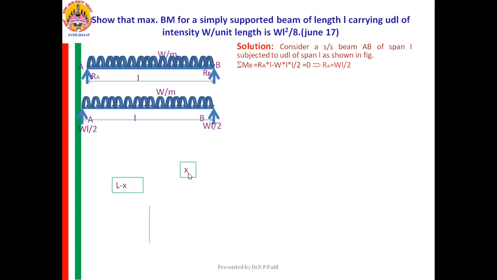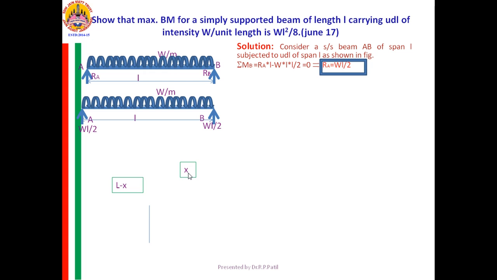I have taken moment about B: RA into L minus total load, which is W into L, its distance from B is L divided by 2. One is anticlockwise, one is clockwise. Therefore, if you make the total moment equal to 0, you will get RA equal to WL by 2.